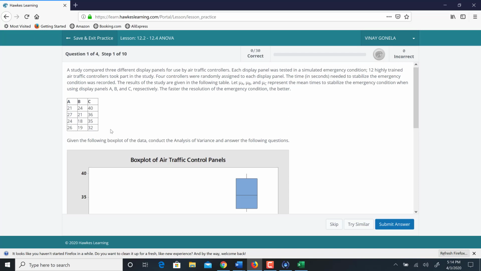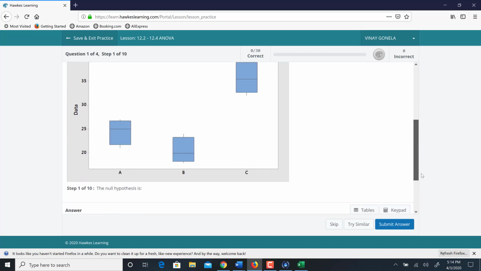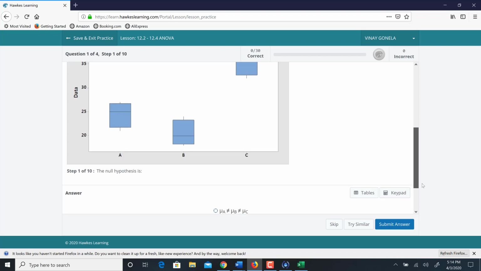So we have a data set, and faster means lower values. Given the following, conduct analysis of variance and answer the following questions. The first thing is you draw a box plot. So what is your null hypothesis?